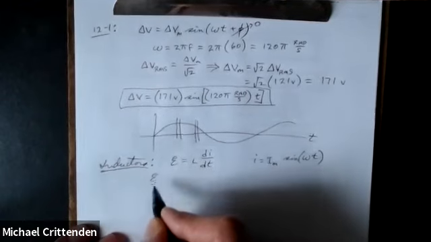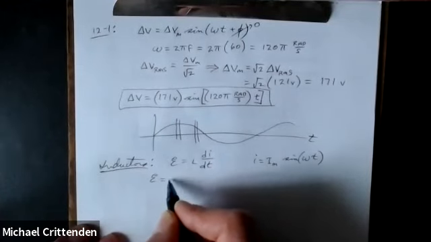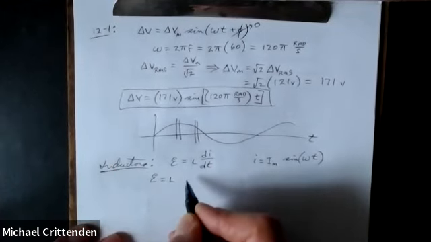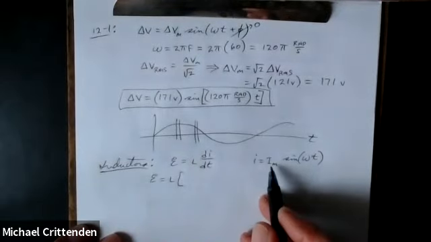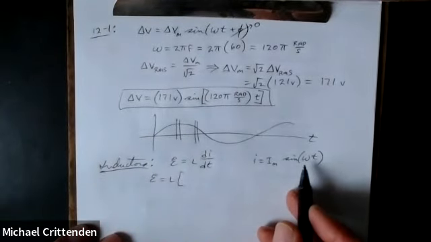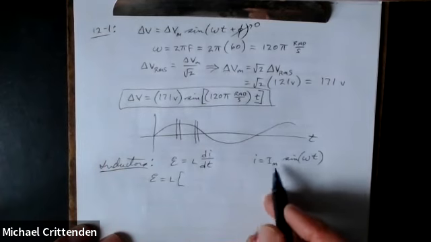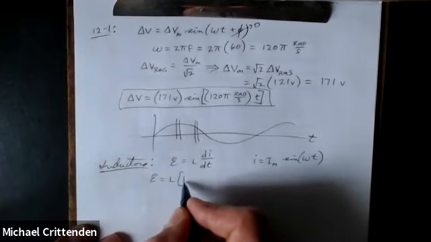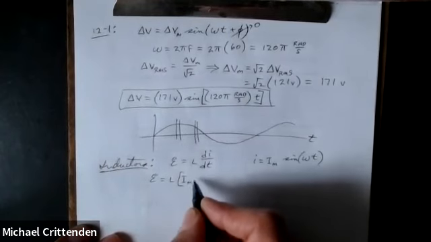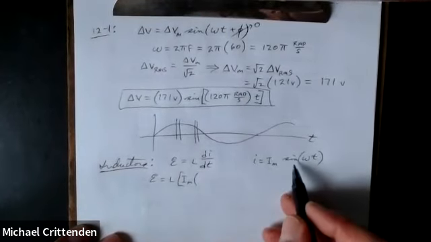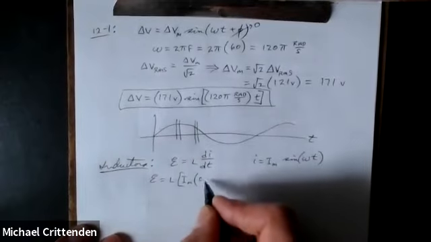The EMF is the inductance times, well, the derivative of this. This coefficient here is just a constant, so you just recopy that. And then the derivative of sine is cosine.